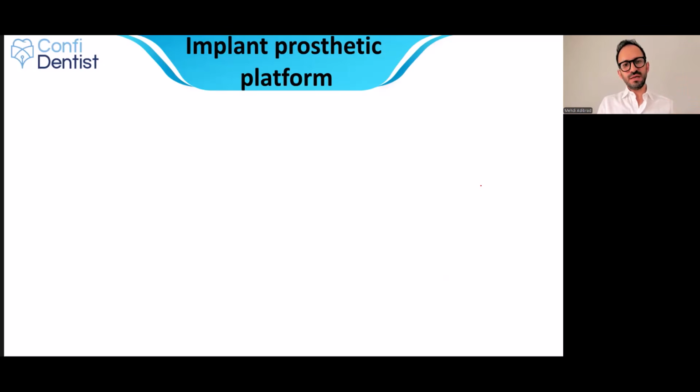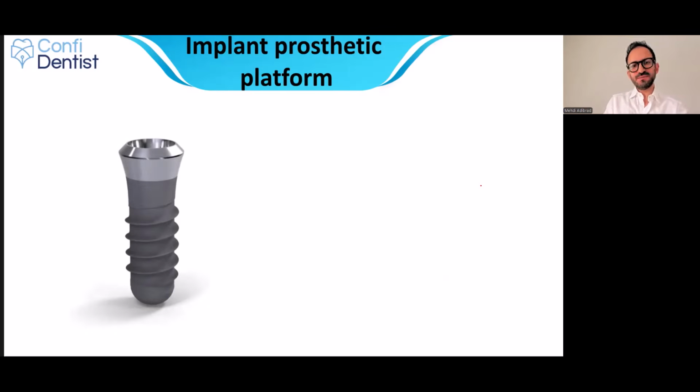In this lecture, I'm going to go over some very popular implants in Canada, so you can have an idea of how the implants look and where the implant platform is located. Take a look at this implant. This is a tissue level implant, and on a tissue level implant, this is my implant prosthetic platform.